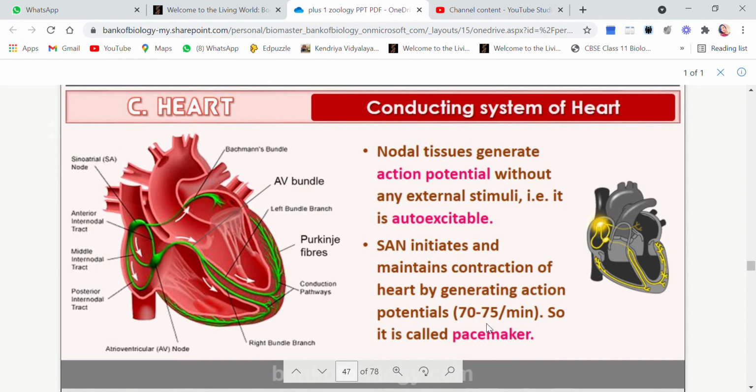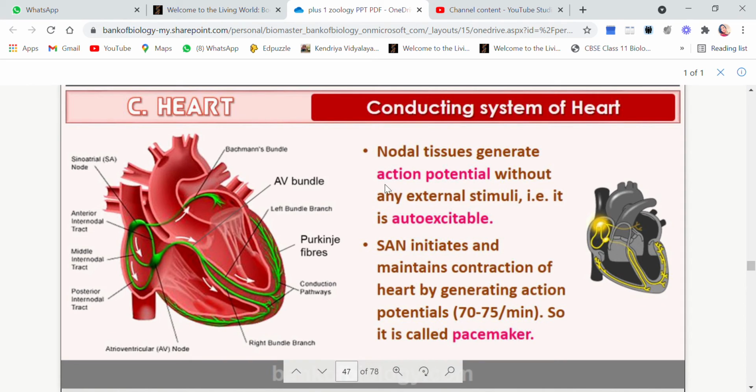You must have heard that a person is having some heart disease, and he has undergone an operation and has been given an artificial pacemaker. So what does that mean? It means that that person's SAN is not working. That means that person's SAN is not providing action potential to the heart.